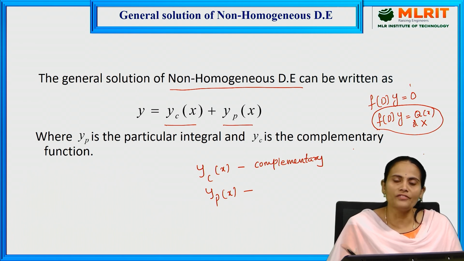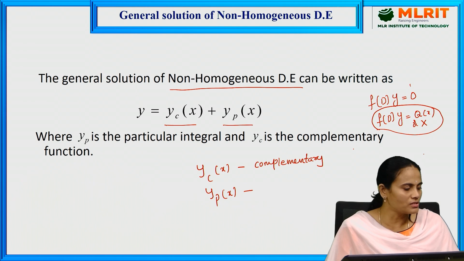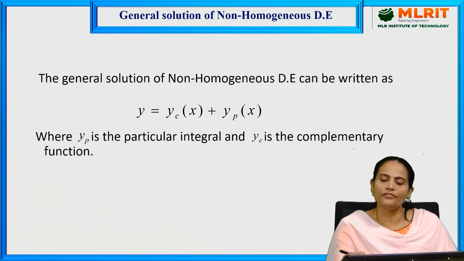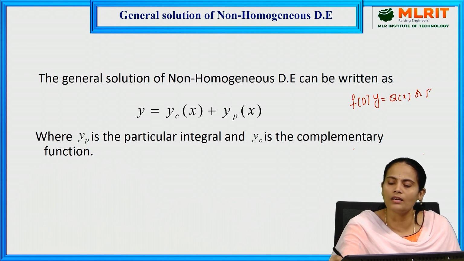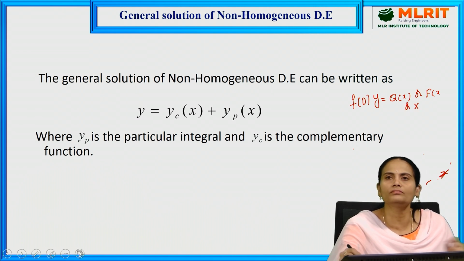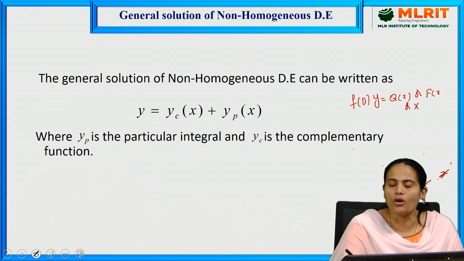What is the form of non-homogeneous differential equations? The form is f of D into y is equal to Q of x, or f of x, or capital X. This is the form of a non-homogeneous linear differential equation with constant coefficients.